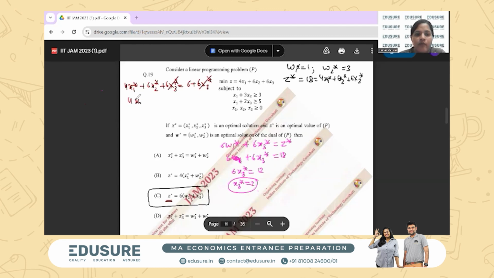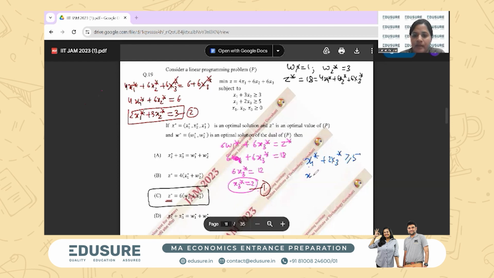We have 4x1 star plus 6x2 star equals 6, so 2x1 star plus 3x2 star equals 3. This is my first condition, and this is my second condition. Now let's try these conditions inside these inequalities. Now x3 star is 2, so x1 star plus 2x3 star should be greater than or equal to 5.